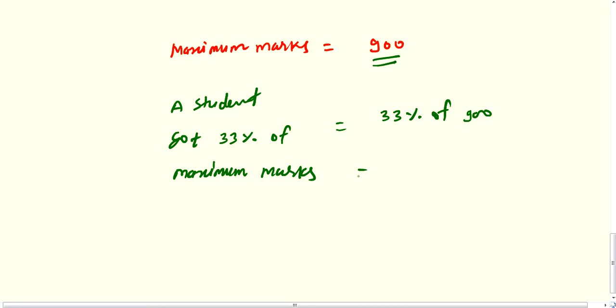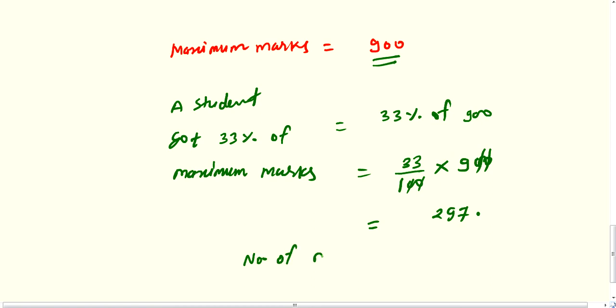So 33% of 900. So 33 by 100 into 900. 0 0 0 0 get cancelled. Then 33 into 9 you will get 297. So the student got 297 marks. Now the student fails by 45 marks. The number of marks by which he failed is 45. So the student gets 297 marks, and if he had got 45 more marks, he would have passed. So we will add 45 to 297.